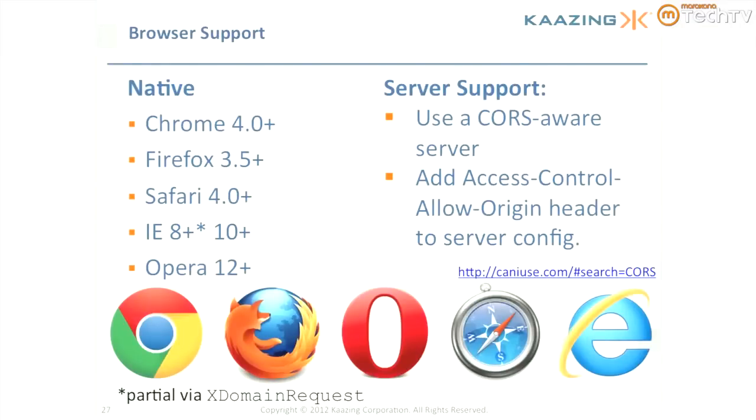The CORS standard itself is supported in all these browsers. IE8 has something called XDomainRequest, XDR, that does a lot of what this is doing. So it's not an identical standard, but it's close enough in many cases. And you do need a server that supports that standard.